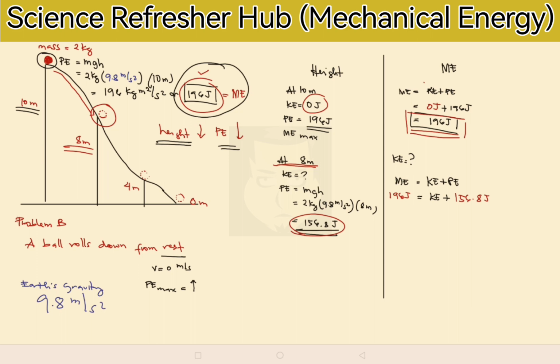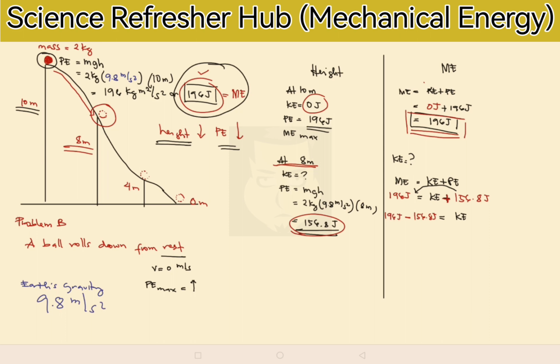joules. Next thing to do, we will retain KE on the right side of the equation, and we will transpose 156.8 to the other side. Positive will become negative. That's negative 156.8 joules.